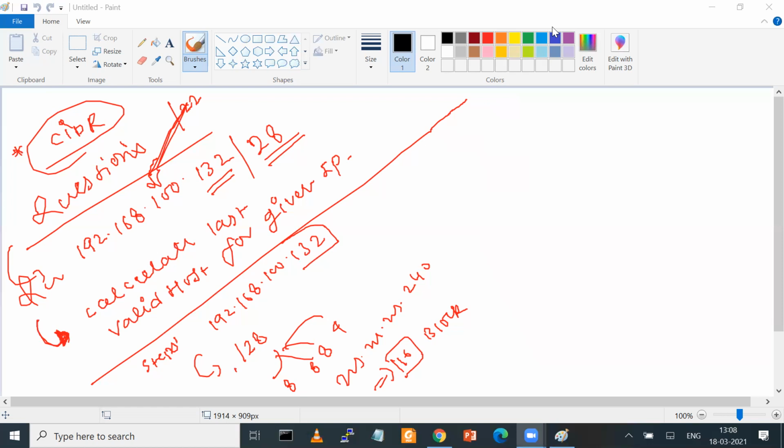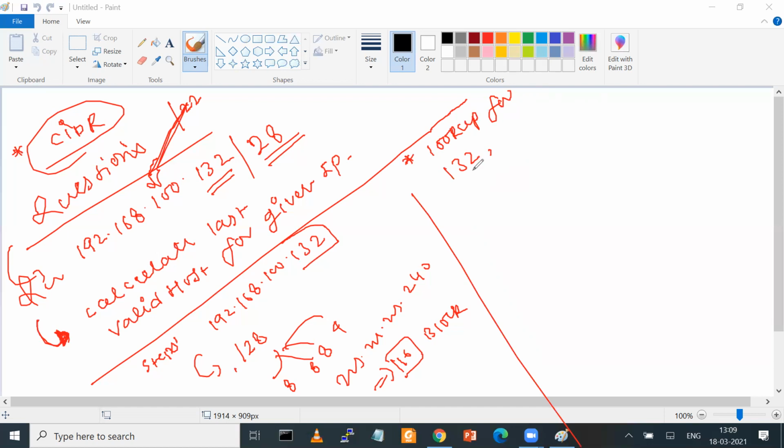I'm explaining it again. After block size calculation, we start the lookup for the number, 132 in my case. Why am I only looking for 132? Because my last network bit goes into the fourth octet. That you have to remember.